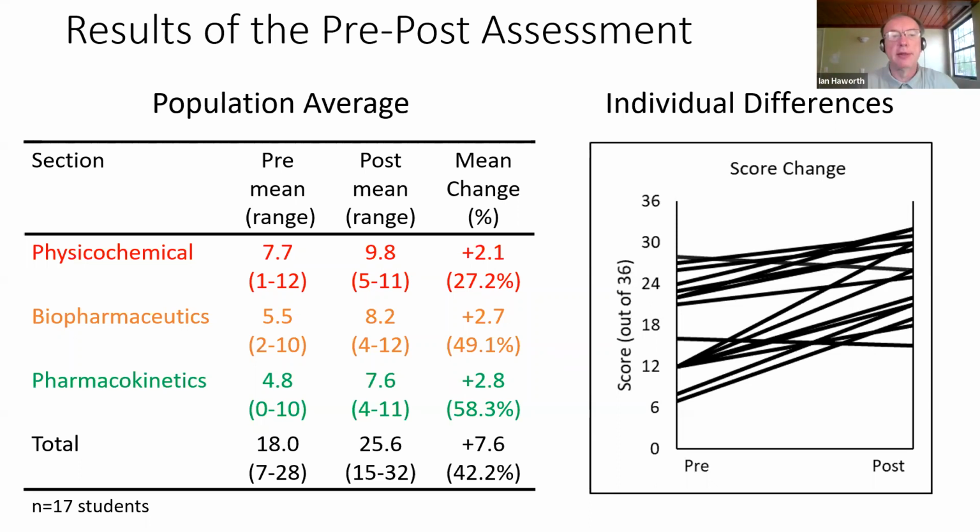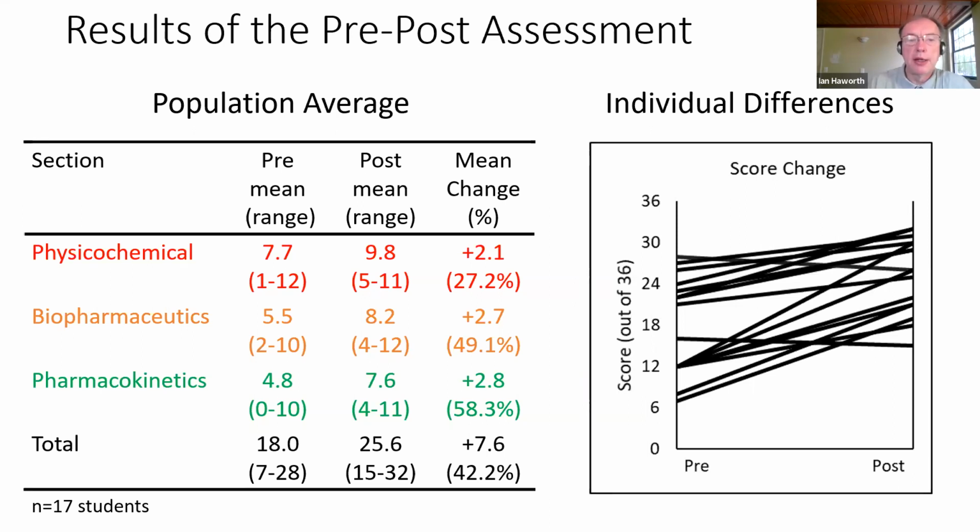So we have a very different group of students here, some with very good understanding of physical chemical properties, some with less understanding. Biopharmaceutics, 5.5, similar range. Pharmacokinetics, 4.8, again, a similar range. And those numbers, I think, were expected. We knew the students had a stronger physical chemical background. They'd already done some coursework in that area, but less so in pharmacokinetics in particular.